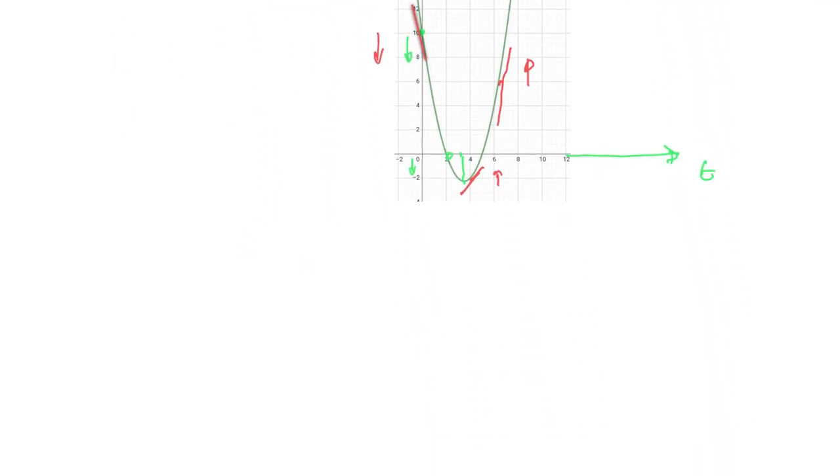The question A is because s of t is equal to t squared minus 7t plus 10. What is the velocity?